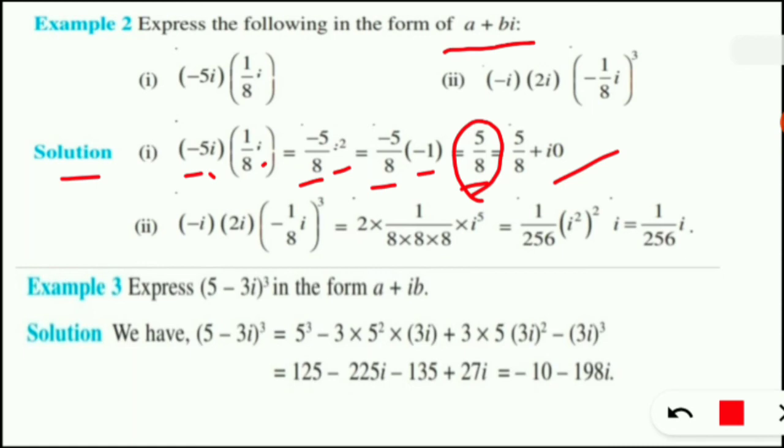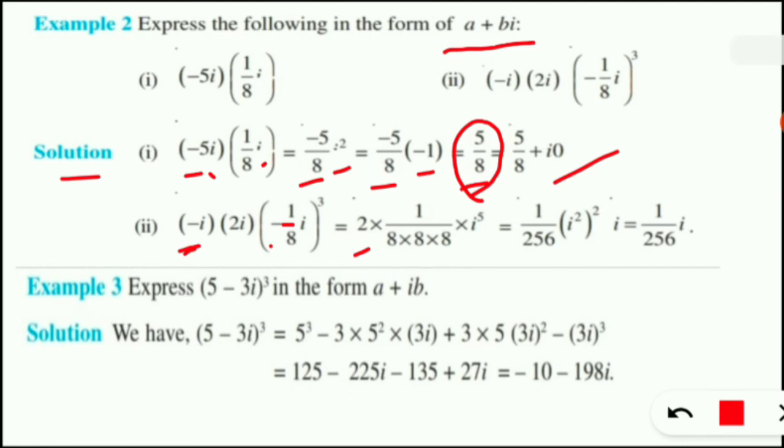Clear? So minus i into twice i into (minus 1 by 8 into i) whole cube equals 2 into 1 by 8 into 8 into 8, 3 times, into i to the power 5. Why? Here is minus 1, here is minus 1 whole cube, that means minus, so minus minus plus.